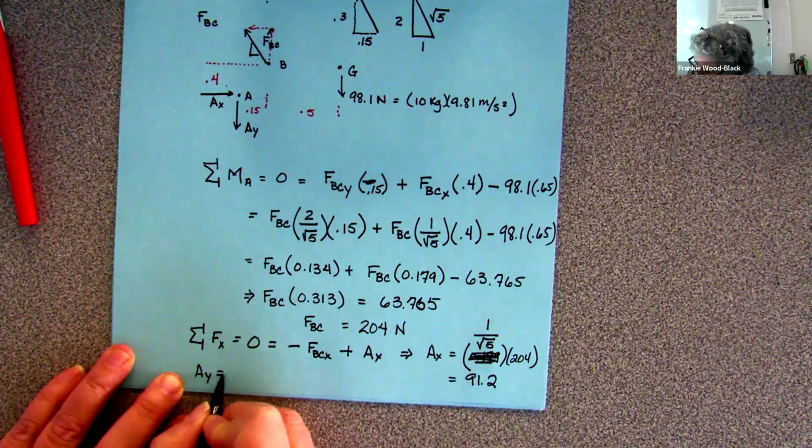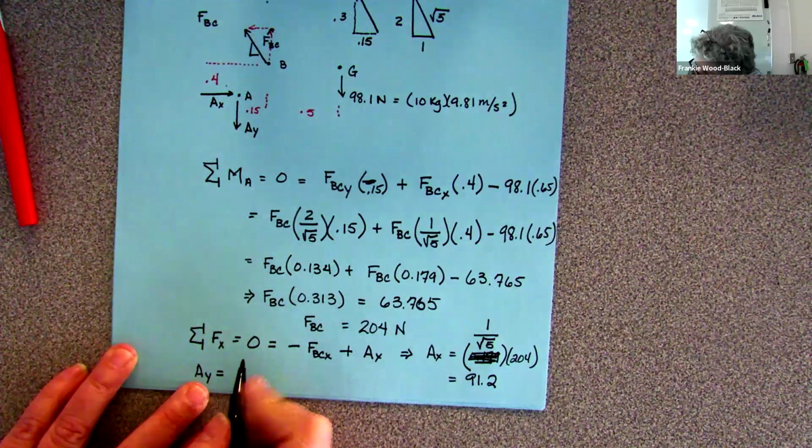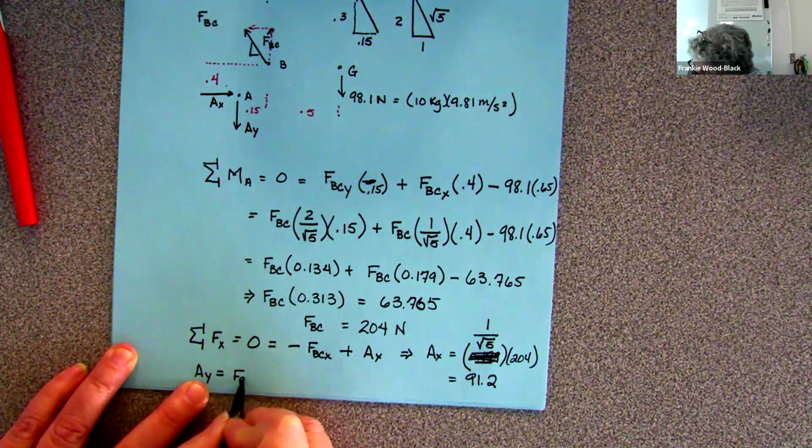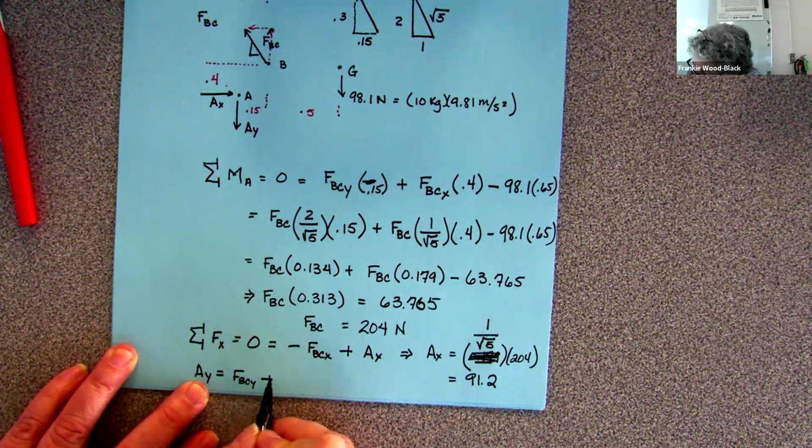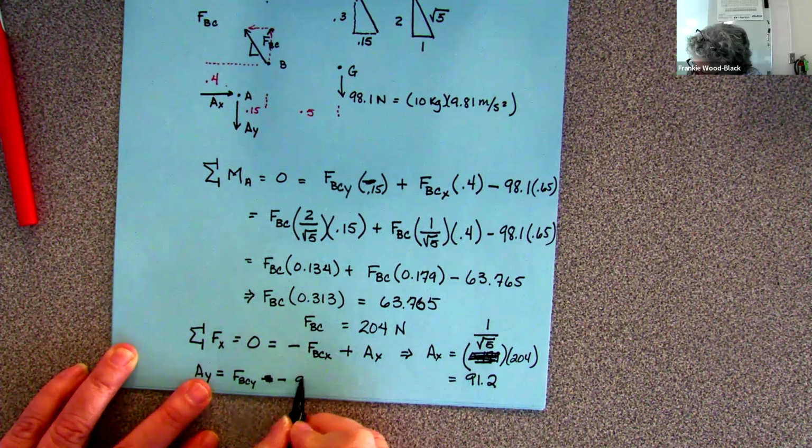And then my AY is going to equal FBCY plus or minus... no, yeah, it's minus 98.1.